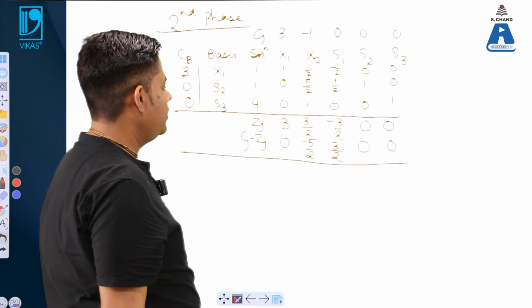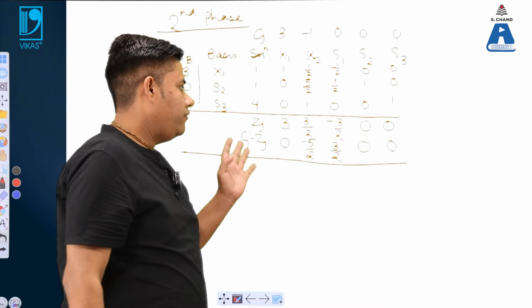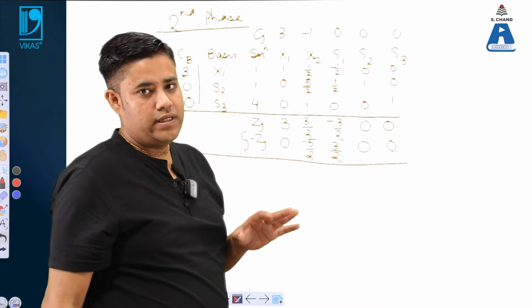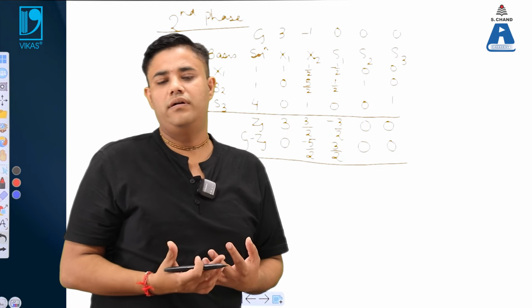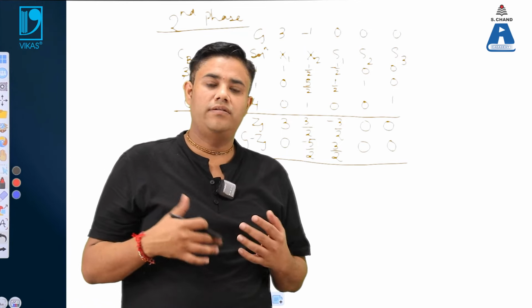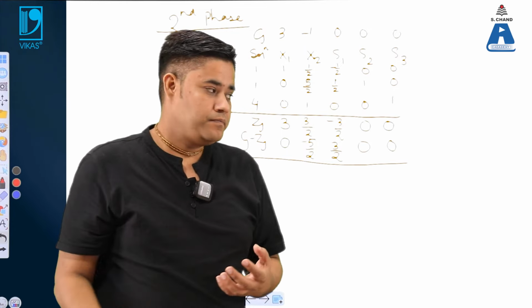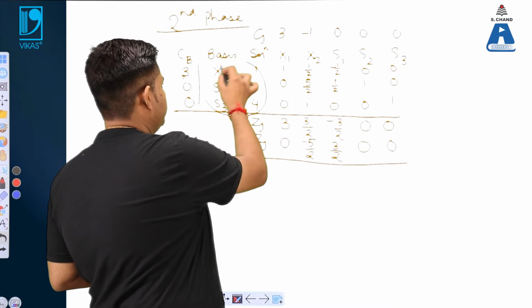Now what is to be checked in this Cj minus Zj, and why are we finding out this Cj minus Zj? Cj minus Zj is basically a preliminary check that would tell us whether the entire solution is optimized or not. Now if we look at our solution, this would be our solution.